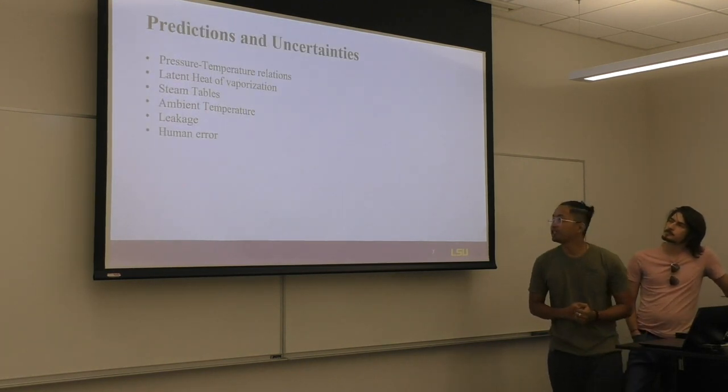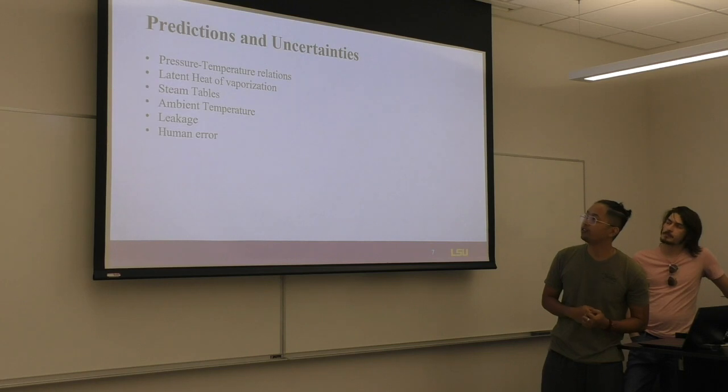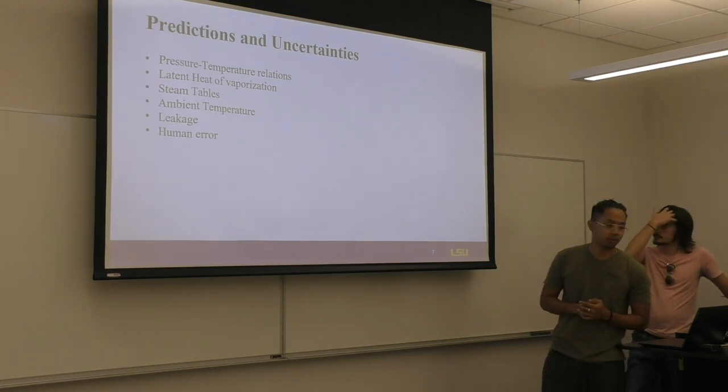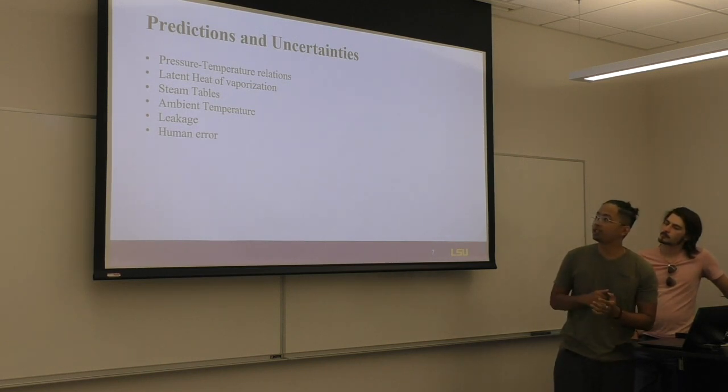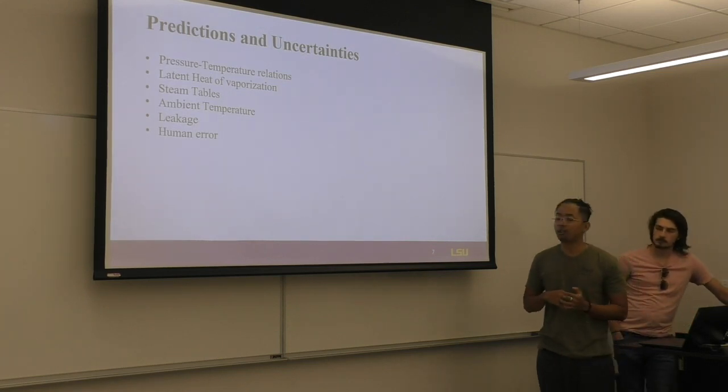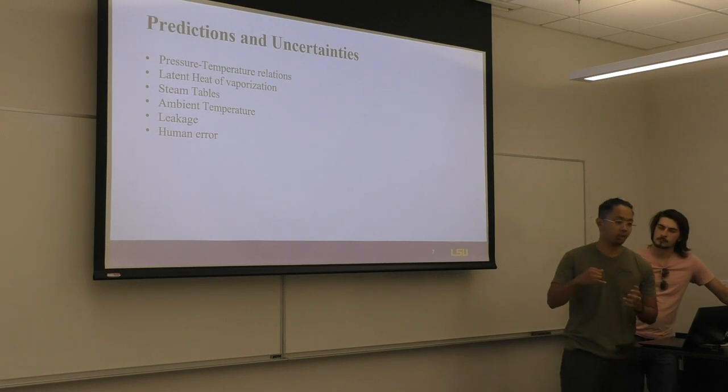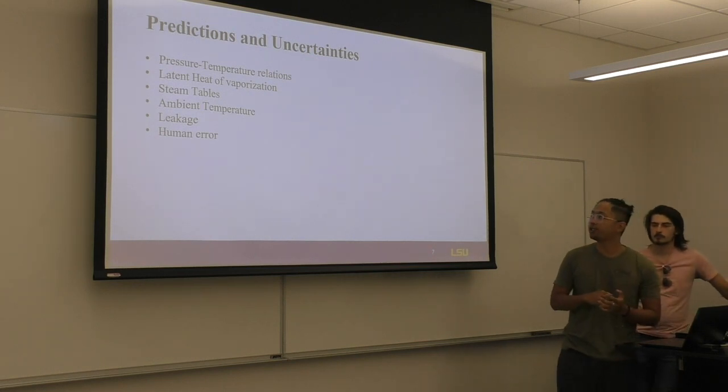So for our predictions and uncertainties, we have a pressure and temperature relationship. Using the Clapeyron equation, we should be able to solve for the pressure when we plug in temperature. For the latent heat of vaporization, using the equation again, we should be able to solve for that by plugging in our pressure and temperature.